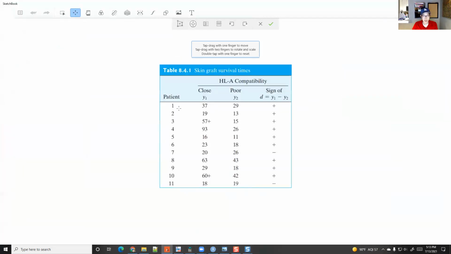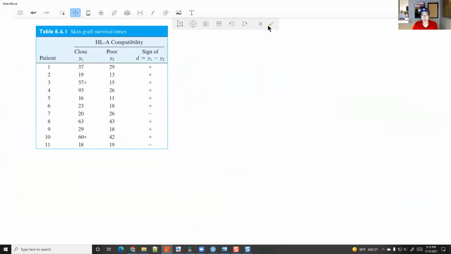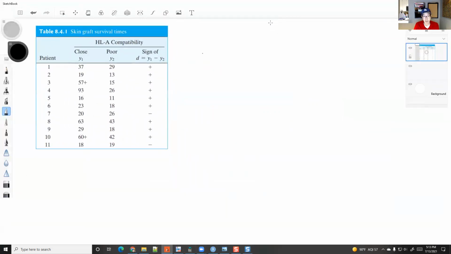Okay. Now this is from the textbook. And we have n positive equal to 9 and n negative equal to 2. Okay.